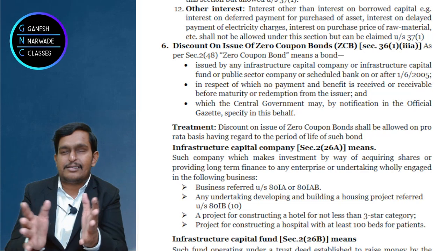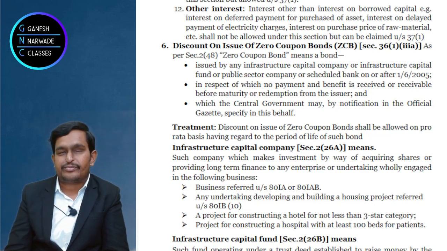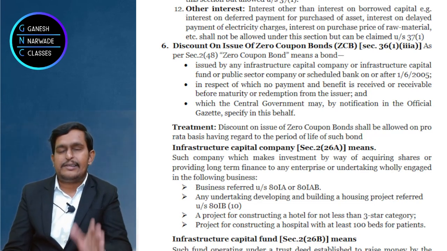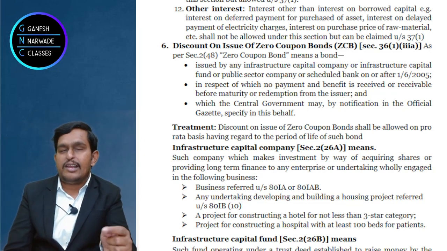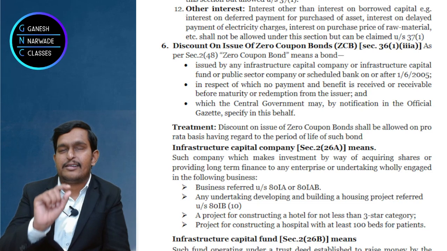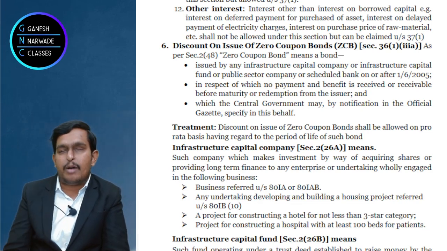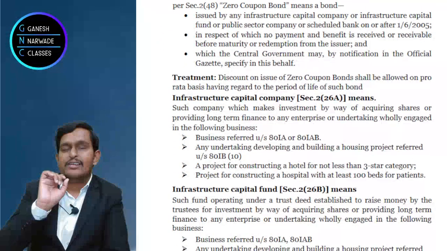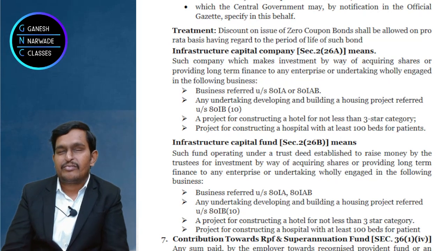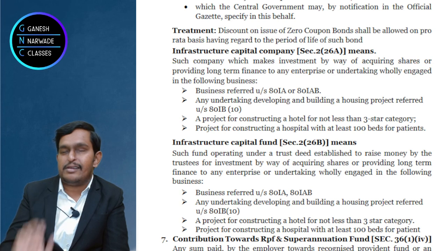They create a trust deed which is registered, there are certain trustees, so we call it a fund. Now whether it is an infrastructure capital company under section 2 clause 26A or an infrastructure capital fund under section 2 clause 26B, both commonly do two things. One, invest in shares of companies, and second, give long-term loans to the companies.